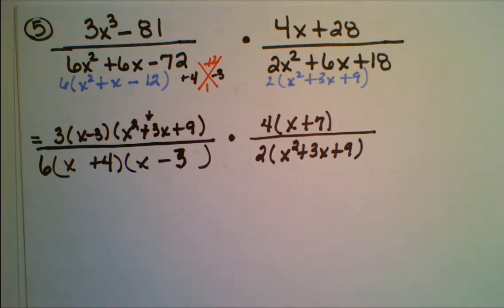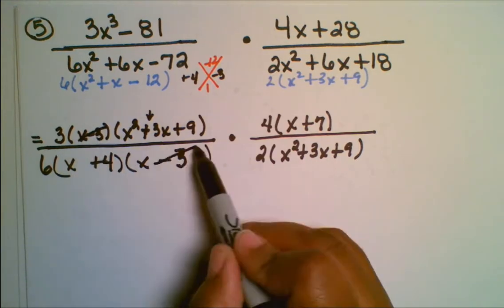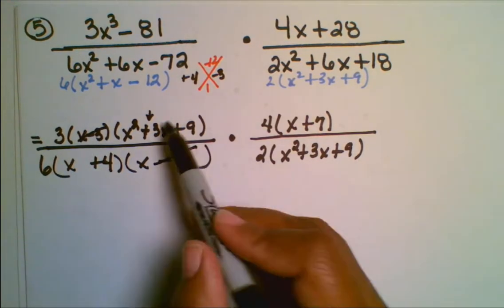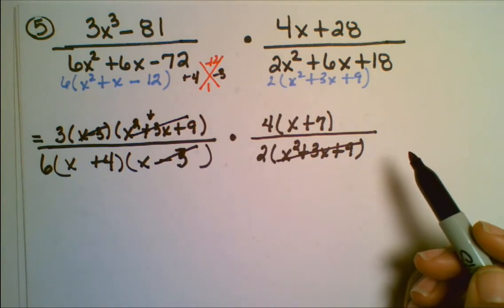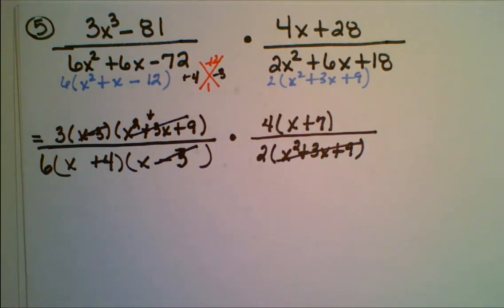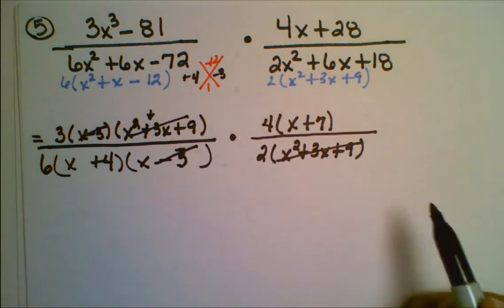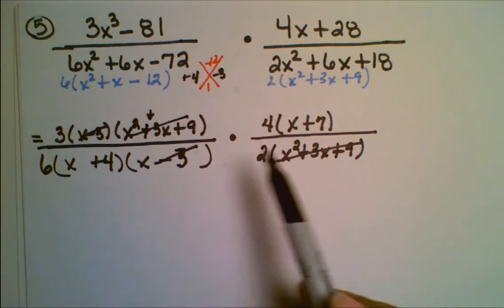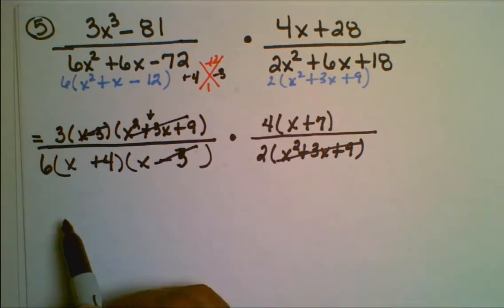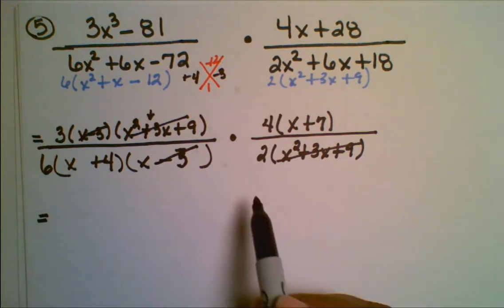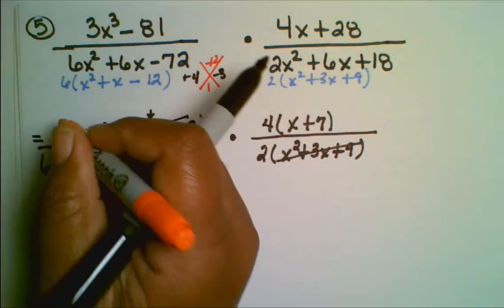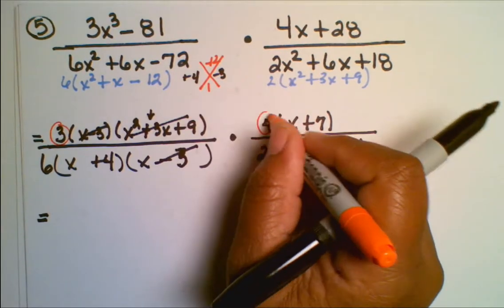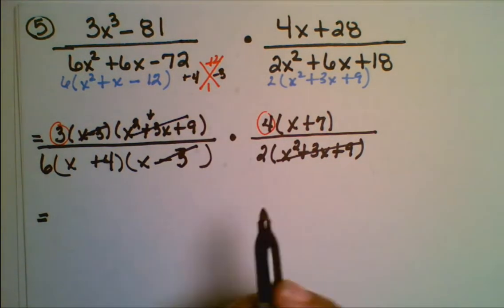So let's cancel. We can cancel out the x minus 3's, the x squared plus 3x plus 9. Anything else that we can cancel out? Well, look at your numbers. I just want you to see something. Let's multiply what we have left in the numerator. We have a 3 and a 4 in the numerator. We're going to multiply those together.